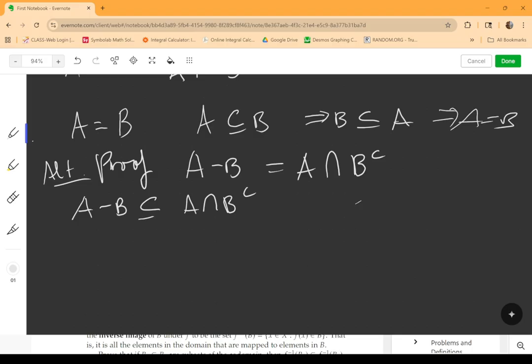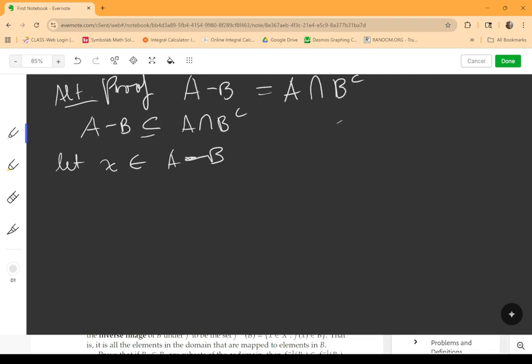By assumption, we let X be an element of A minus B. What does it mean to be an element of A minus B? By definition, X is an element of A and X is not in B. That's what A minus B means.